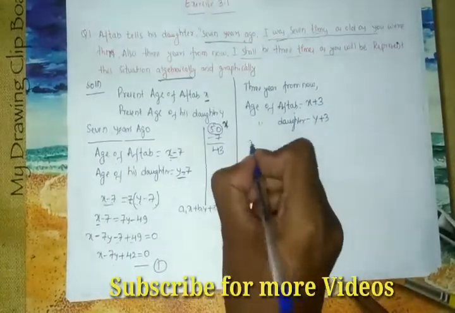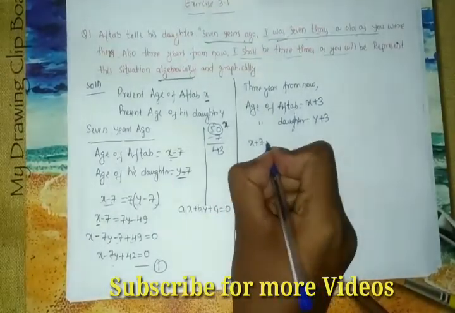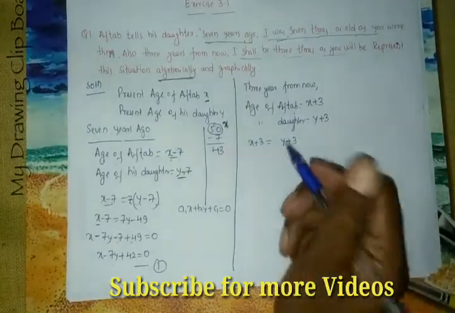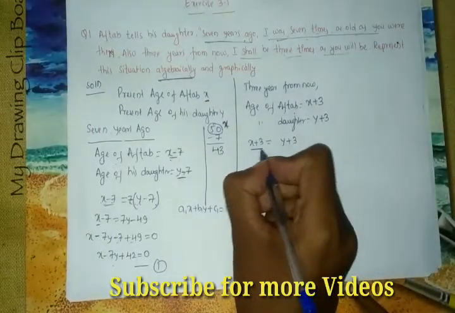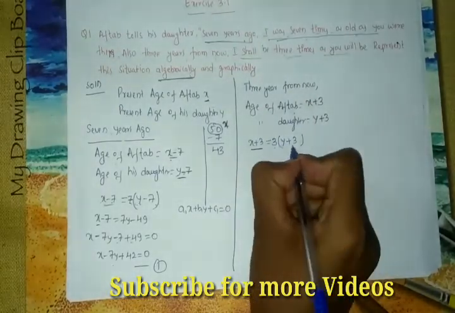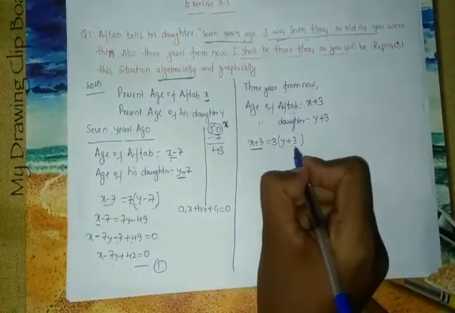So x plus 3, the age of the father, equals 3 times y plus 3, the age of the daughter. So Aftab is 3 times the age of his daughter.